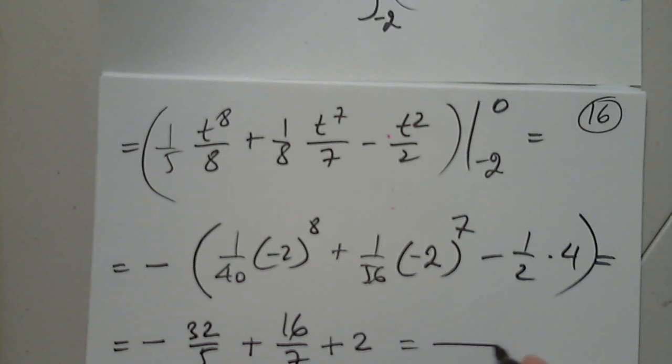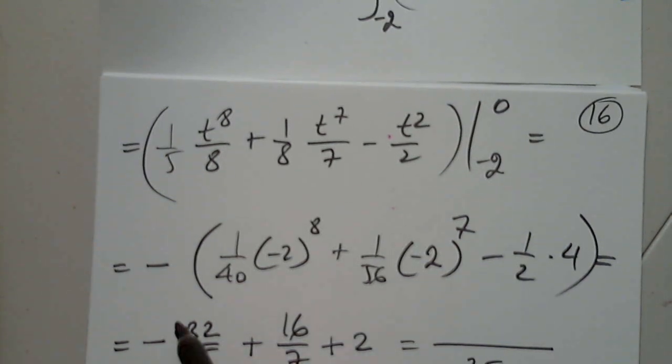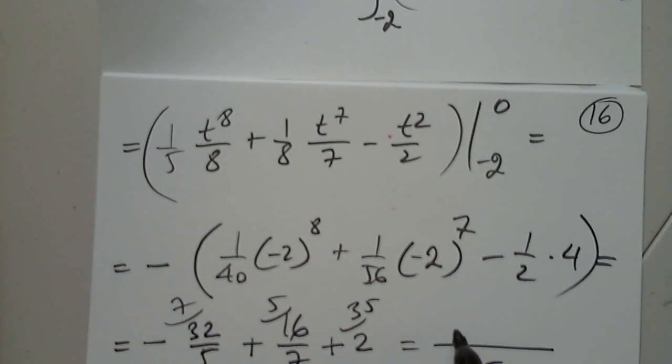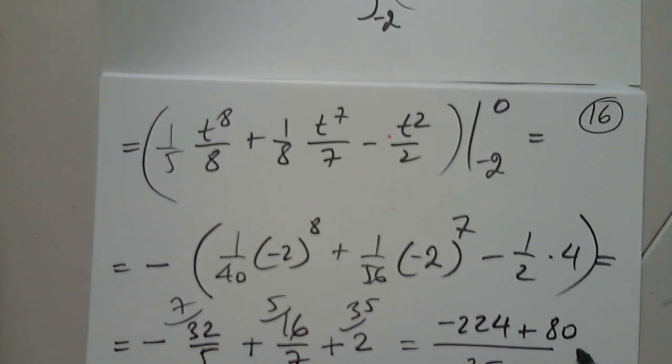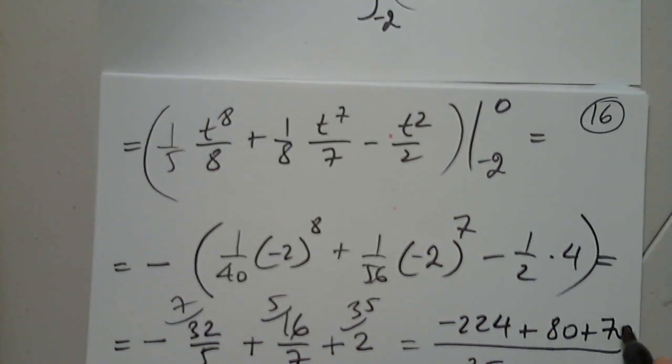So the least common denominator, 35: a 7, a 5, and a 35. Negative 224 plus 80 and plus 70.